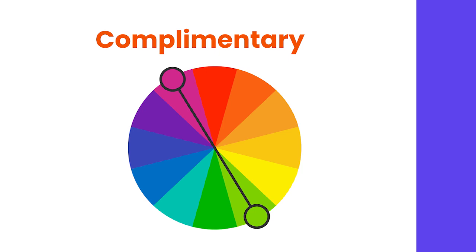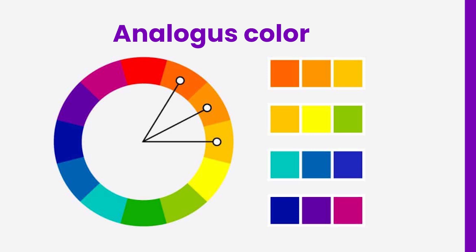So I want you to note down other complementary colors. Then number two is the analogous colors, which are next to each other on the color wheel. For example, blue, green, so these are harmonious and calm.